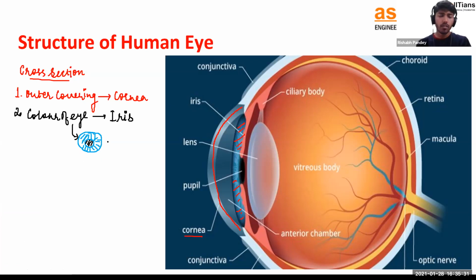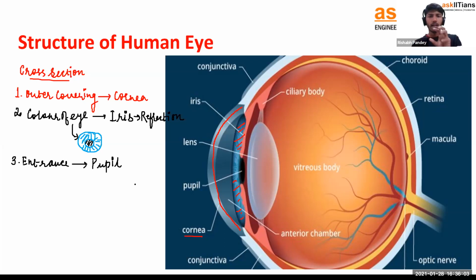And what does this do? It helps in controlling the reflection of light. And this inner part is basically the entrance into our eye. The entrance is given the name of pupil.